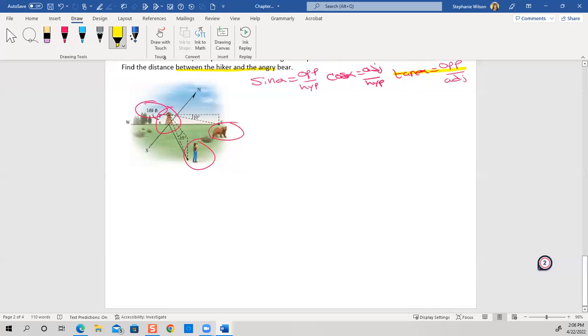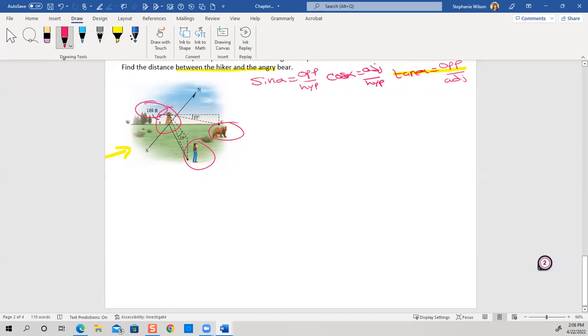So to find the distance between the tower and the hiker, first we're going to find the angle indicated by the arrow here on this diagram. And then we're going to notice that the angle is complementary to the angle of depression.